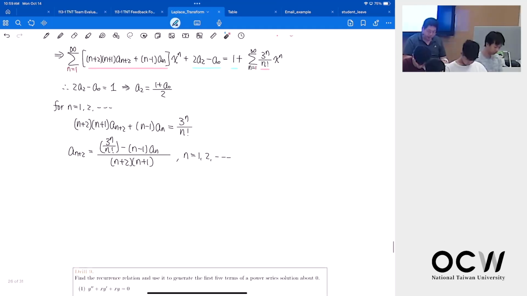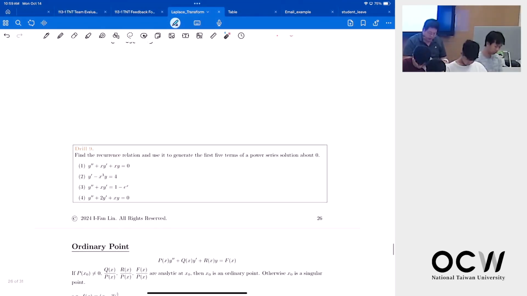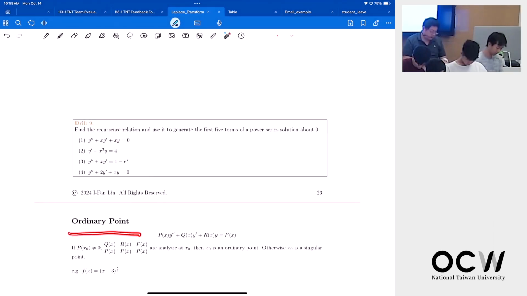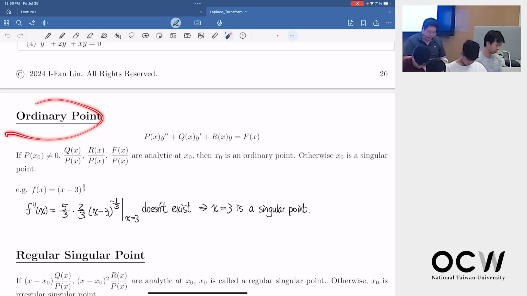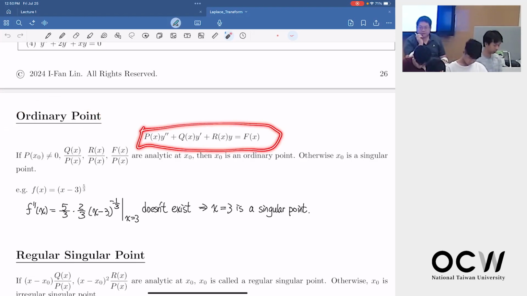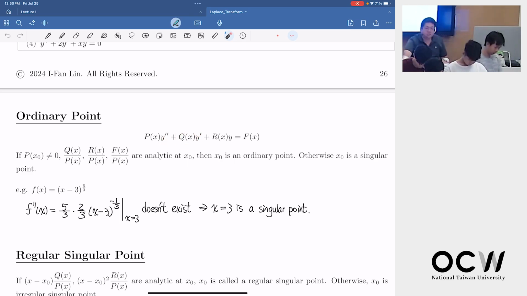So first, let's talk about the ordinary point. What is an ordinary point? If I have an ordinary differential equation in this form, I have p of x times y double prime plus q of x, the function of x, times y prime, and r of x times y equals the forcing term.